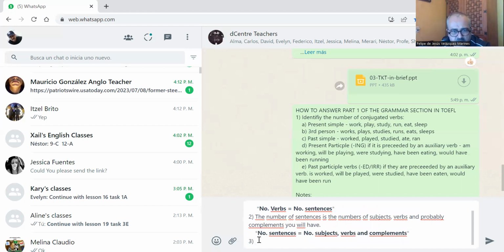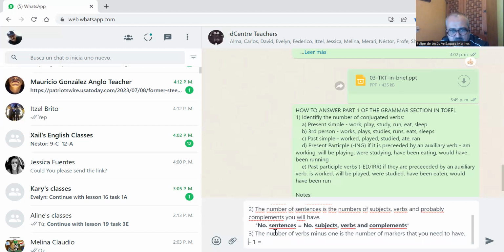Number three. We are finishing in 10 minutes. The number of verbs minus 1 is the number of markers that you need to have. Okay, so what is a marker?